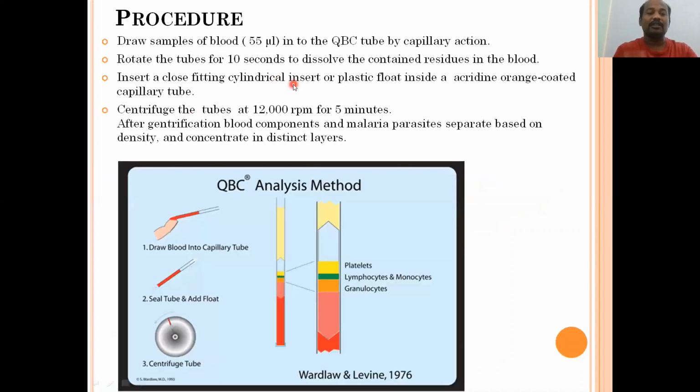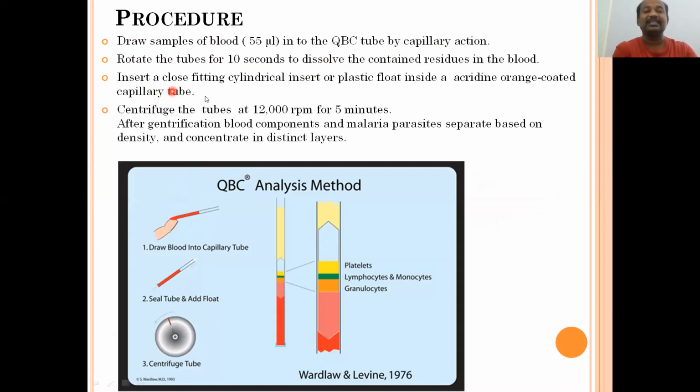The procedure involved in the QBC test is drawing the blood sample into the QBC tube by capillary action. We just need to keep the capillary tube at the fingertip, so it takes up the blood into the tube by capillary action. Then rotate the tube for 10 seconds to dissolve the coated residues in the blood.